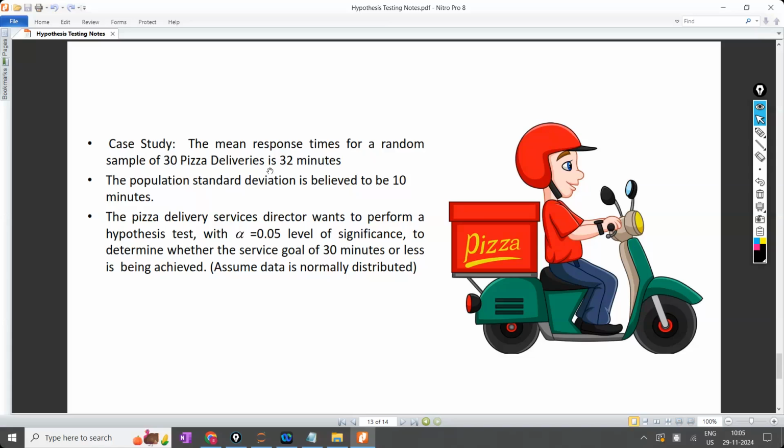Completed, everyone? Formulation of the null and alternate hypothesis, only that, nothing else.